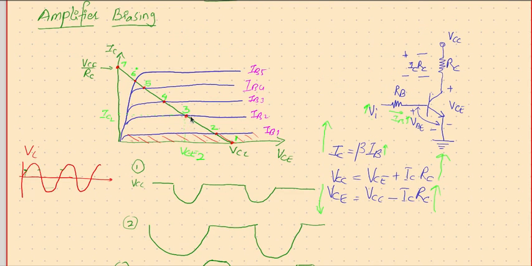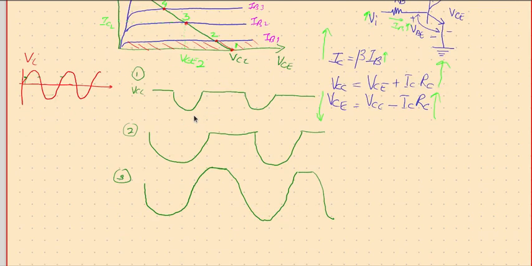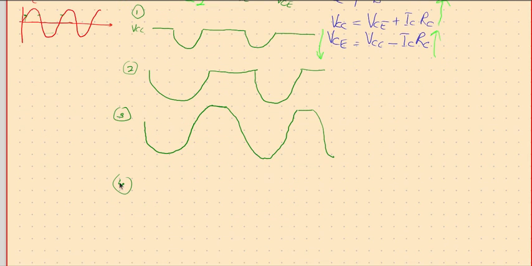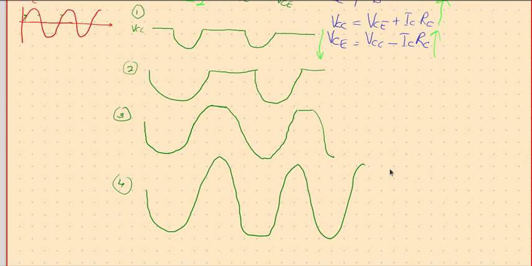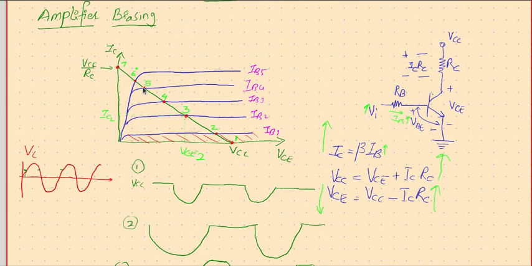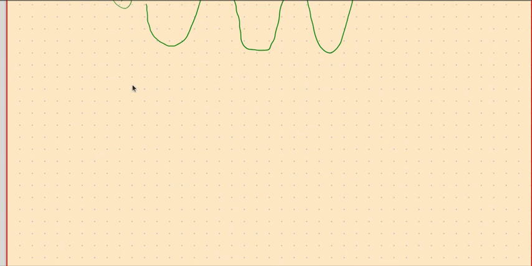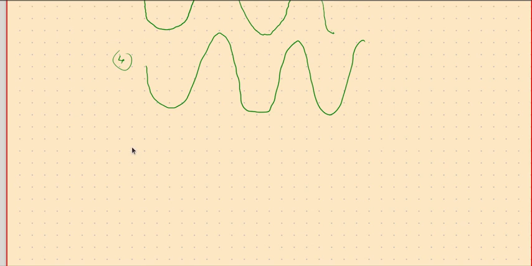in both directions almost equal variation is possible, and hence at 4 we get full cycle amplification all the time. But if you go to 5, negative cycles are very well amplified, but the positive cycle gets a problem. When it is a positive cycle, it goes till some value, then stops there.